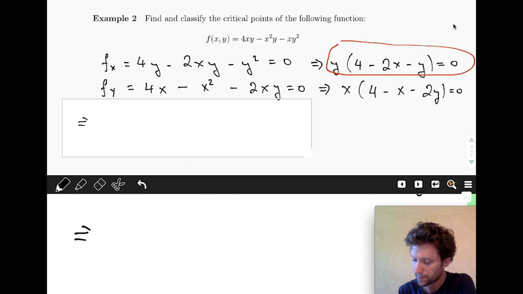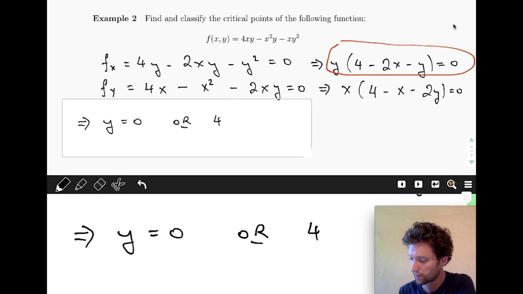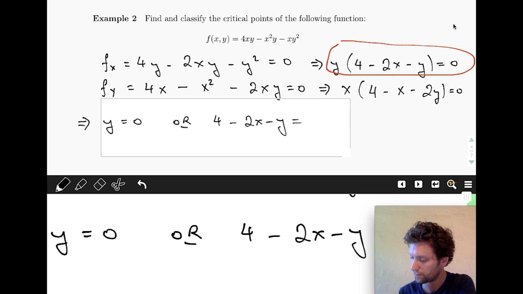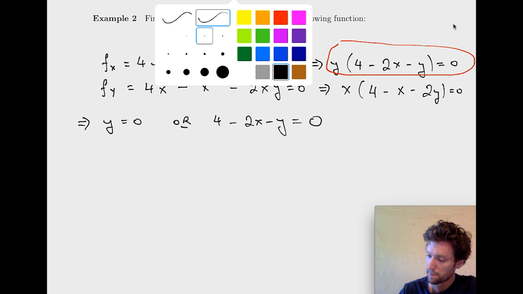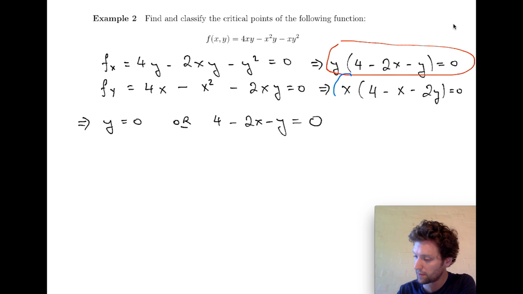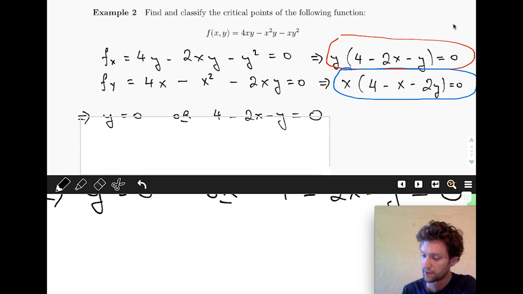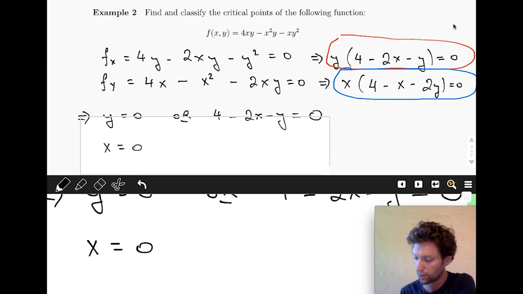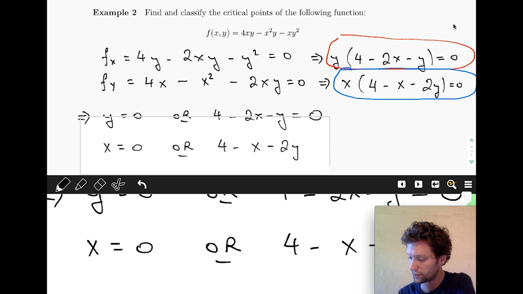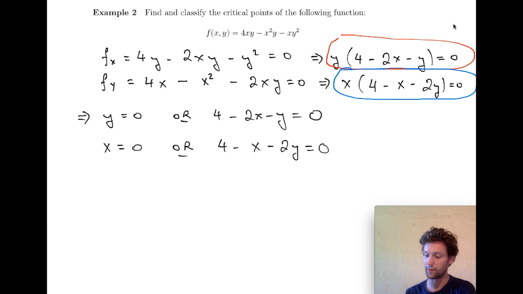So either y is equal to 0 or 4 minus 2x minus y is equal to 0. Likewise, with my second equation, I again have something times something equals 0, so one of those things must be 0, which gives me two possibilities. Either x is equal to 0 or 4 minus x minus 2y is equal to 0.